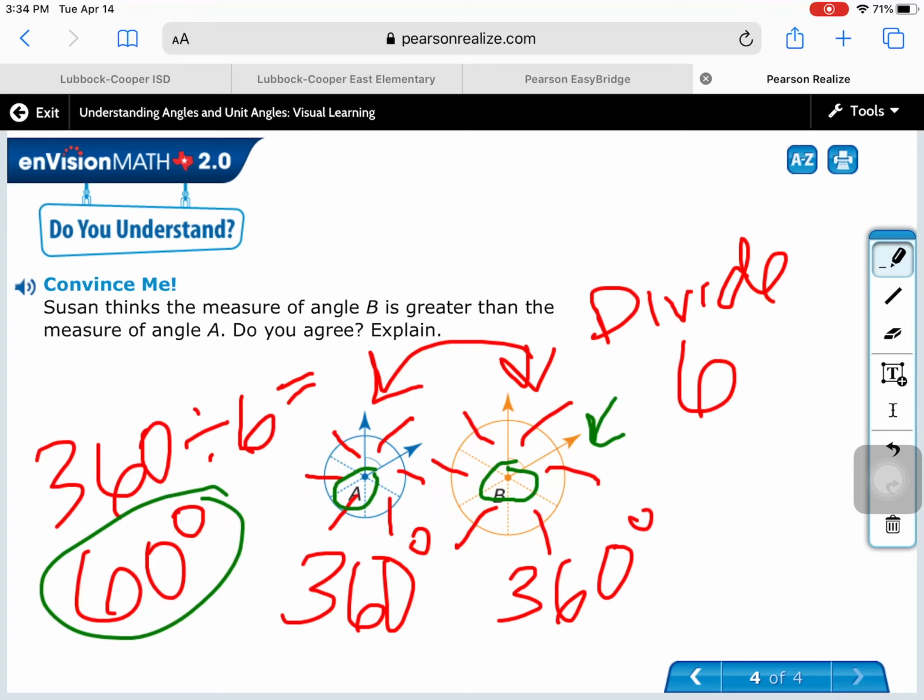So actually, angle A is equal to angle B. They're both 60 degrees. So that's a trick question. Just remember, all circles have 360 degrees. So you're just going to find a particular angle by how many parts it's divided up into. It doesn't really matter the size of the circle, it just matters that they're all 360 degrees. I hope that helped, and good luck in your homework.